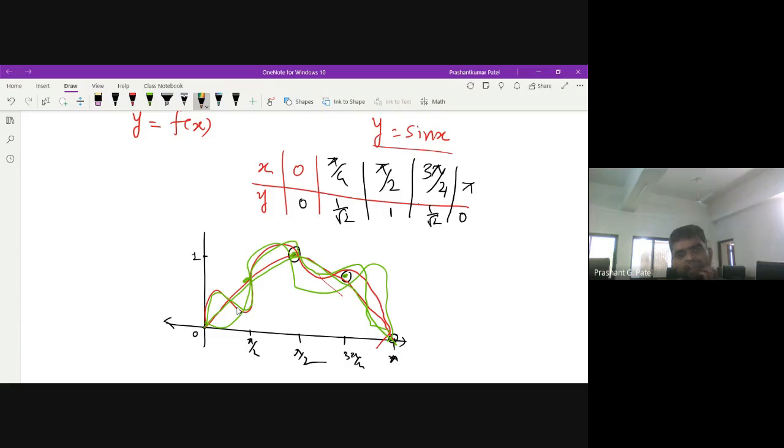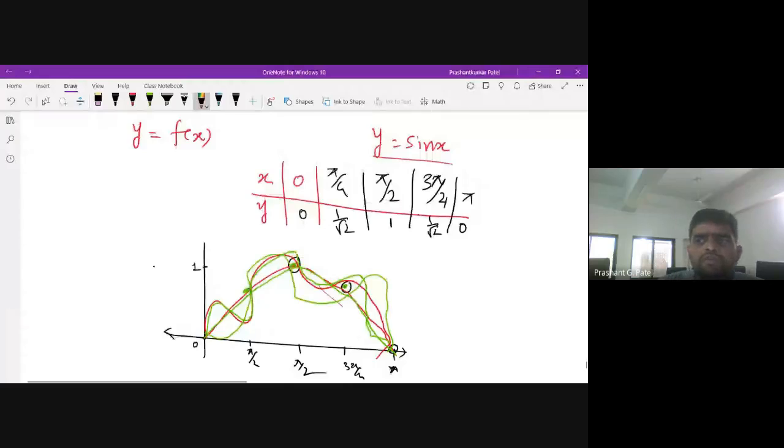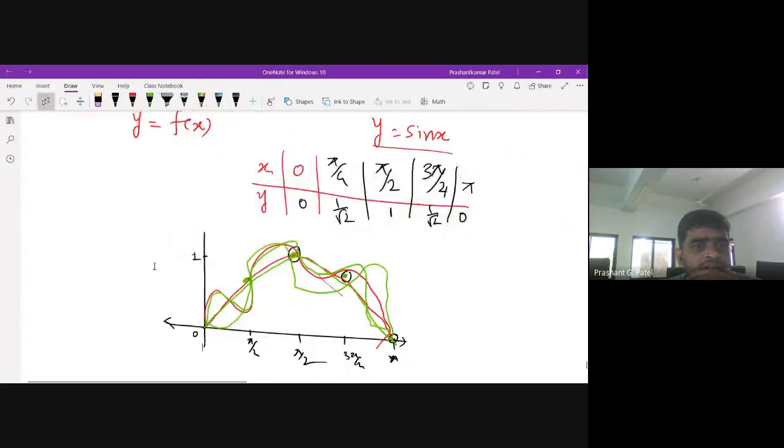All these green graphs, a sequence of green graphs, will converge to this graph, that is sin x. So that is exactly what the Weierstrass's approximation theorem is. This theorem was established in the 19th century, as I told you earlier.